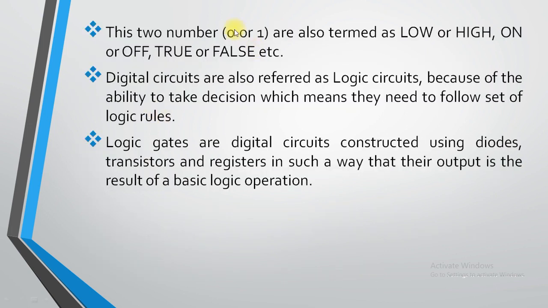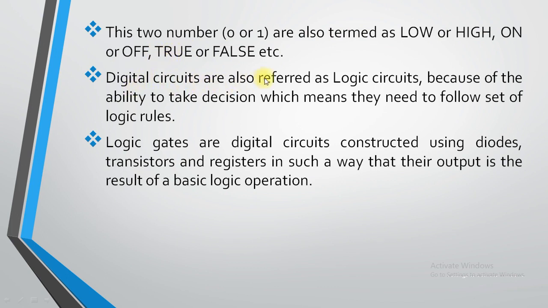This 0 and 1 can be referred to as low or high, on or off, true or false, even yes or no. When there are two values, you can represent them using any of these terms.